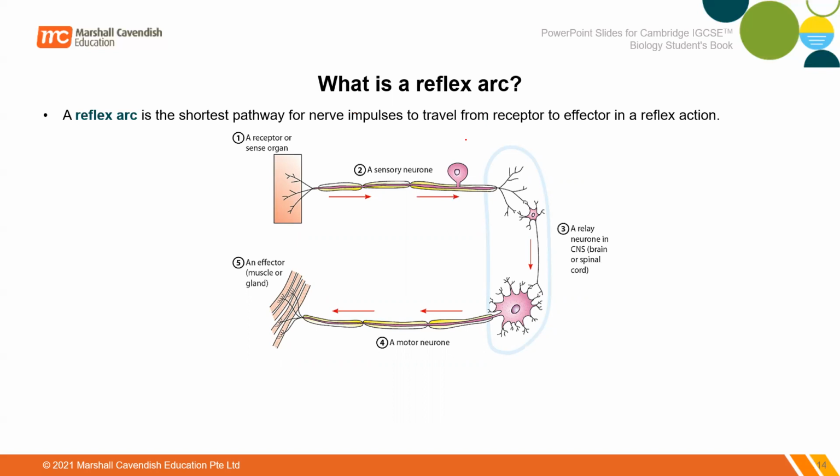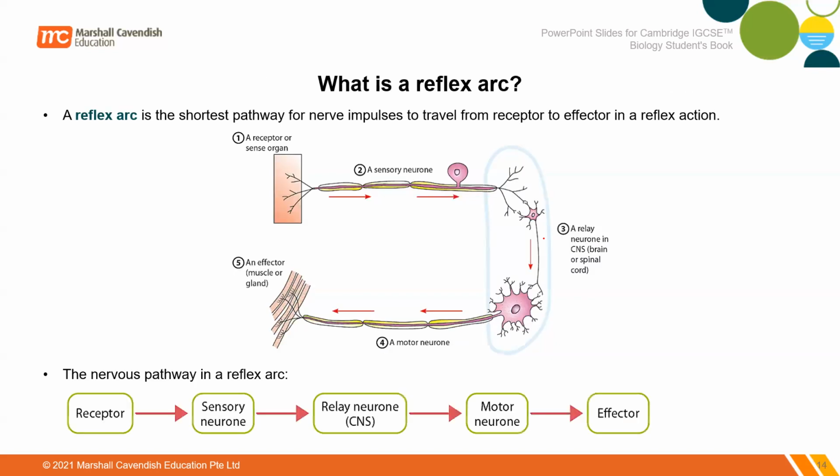If you don't know the shape of the neurons, you might struggle at the starting and ending point. If you don't know that the effector is the last muscle or gland that takes the action needed, you might struggle. If you don't know that the relay neuron is in the brain or spinal cord, you might struggle, as it is a kind of connection of the information.